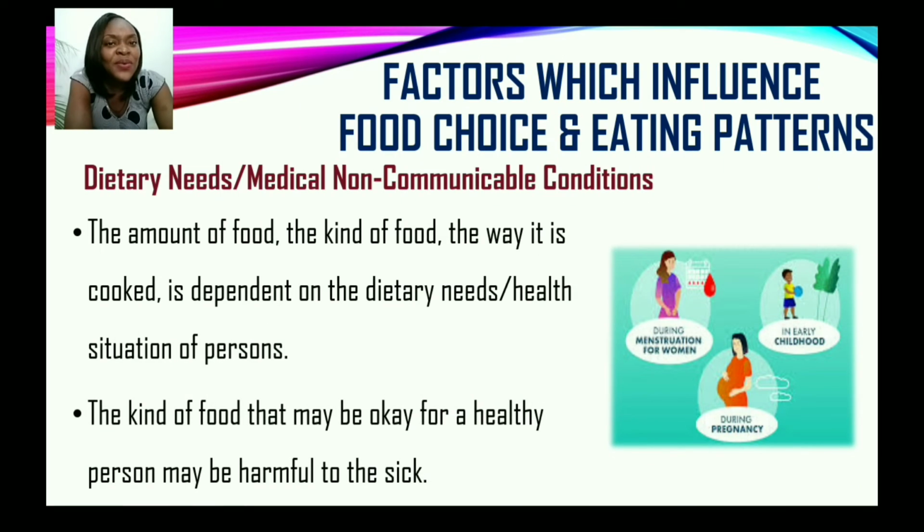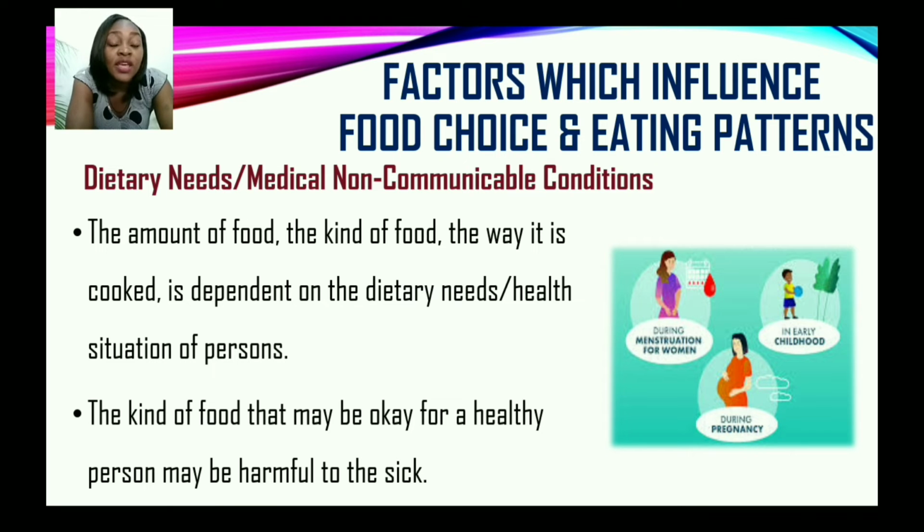Good. Now, let us look at dietary needs or medical non-communicable conditions, right? So the amount of food, the kind of food, the way it is cooked is dependent on the dietary needs or health situation of an individual.